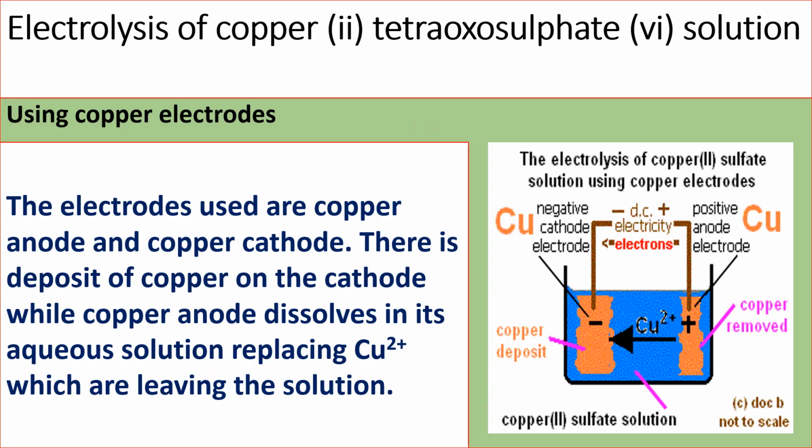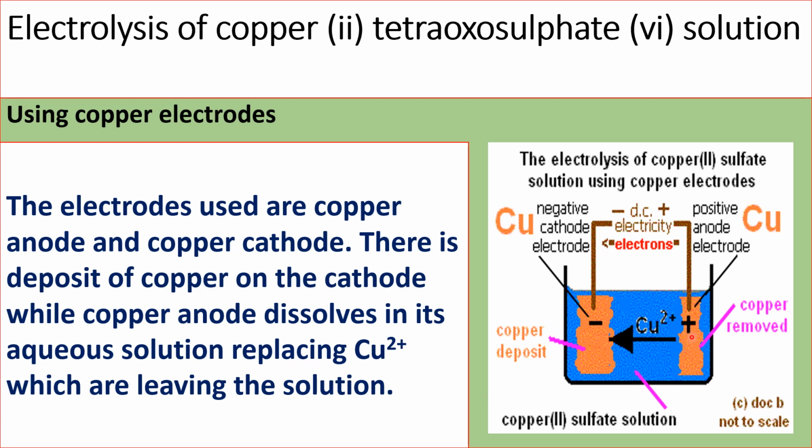Let's proceed to electrolysis of copper 2 tetraoxosulfate 6 solution using copper electrodes. This electrolysis is different from the former because here copper anode and copper cathode are used as electrodes. So copper 2 tetraoxosulfate 6 solution is the electrolyte and copper are the electrodes.